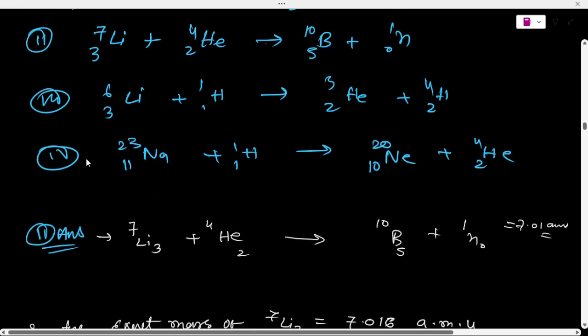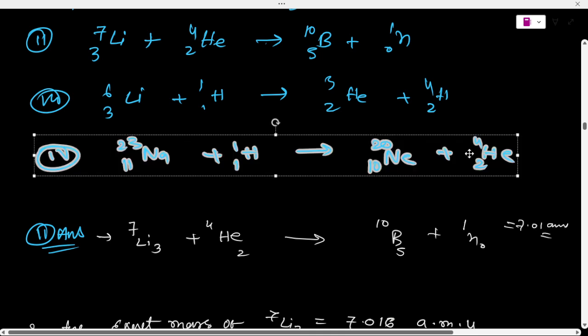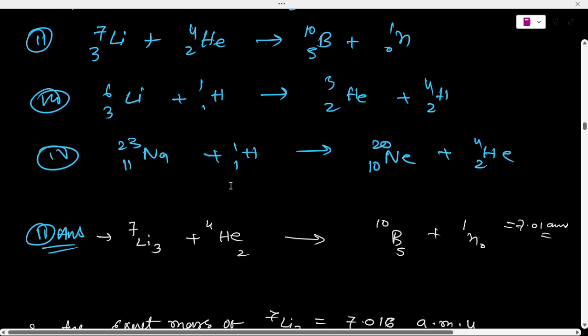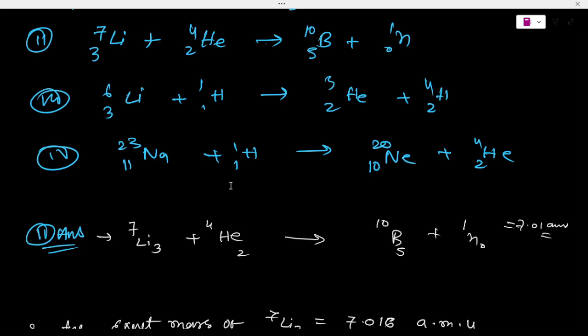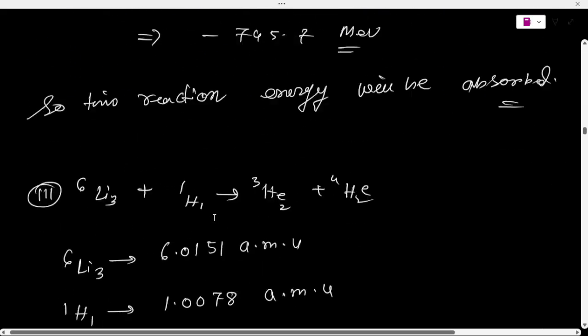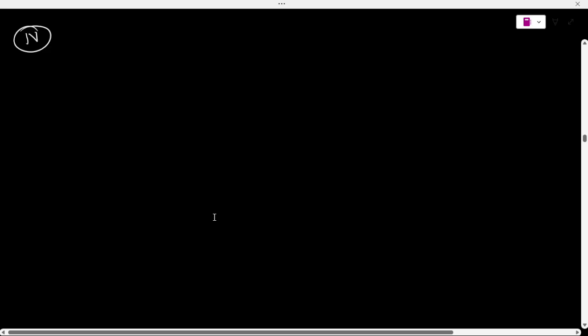Question number 4 is this: sodium and hydrogen, both two particles are combined forming the following. So sodium-23 (atomic number 11) plus hydrogen-1 is equal to neon-20 (atomic number 10) plus helium-4 (atomic number 2).